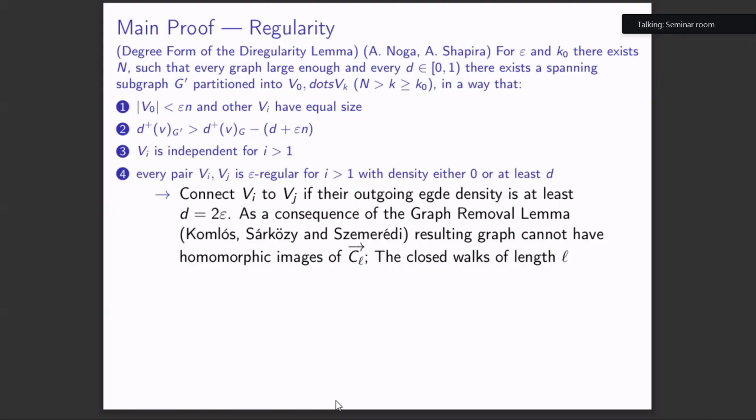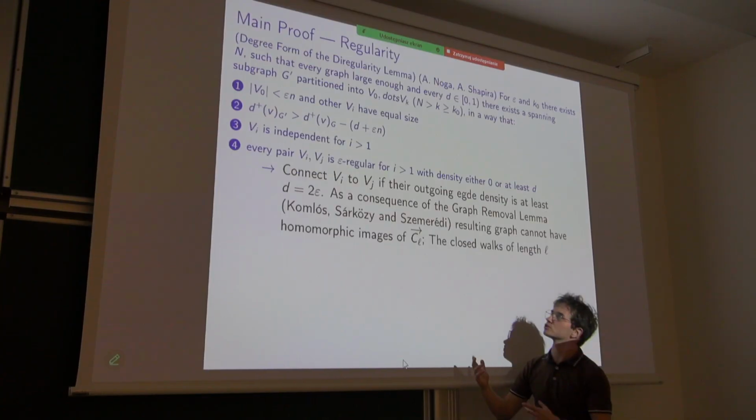What we then use is the graph removal lemma, maybe by Converse, Sárközy and Szemerédi. Basically, we remove all the homomorphic images of CL by sacrificing some epsilon n in the outdegree using these two results.